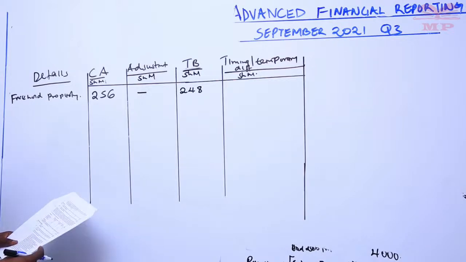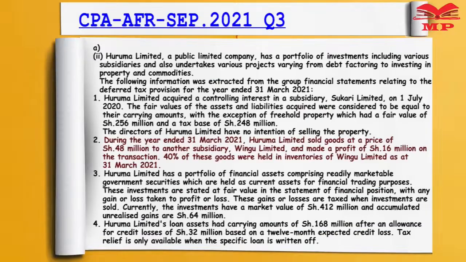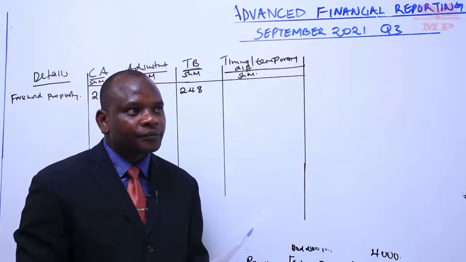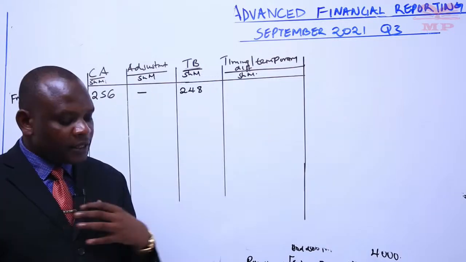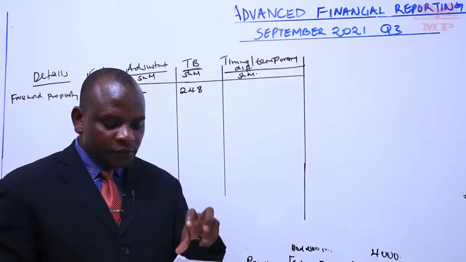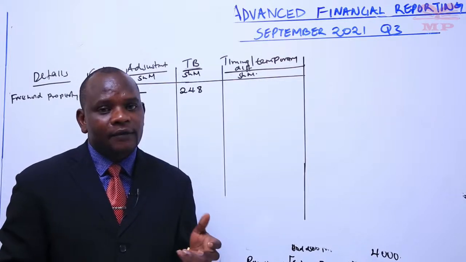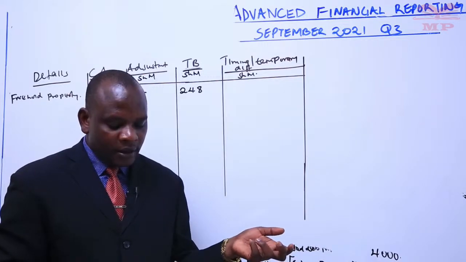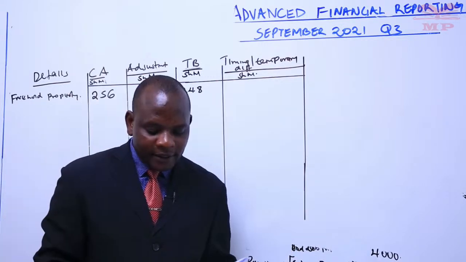So the next is during the year ended 31st March, Huruma Limited sold goods at a price of 48 million to another subsidiary, Wingu Limited, and made a profit of 16 million on the transaction. 40% of these goods were held in inventory of Wingu Limited as at 31st March 2021. According to the accountant, we are supposed to determine the unrealized profit from this transaction and use it to reduce our inventory so that we don't overstate the stock.